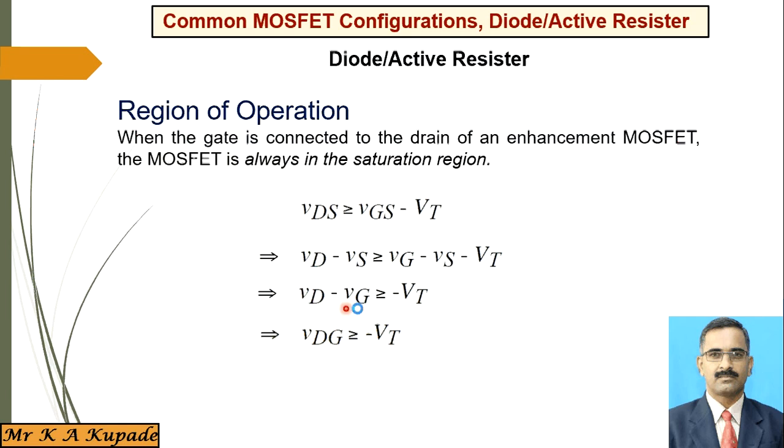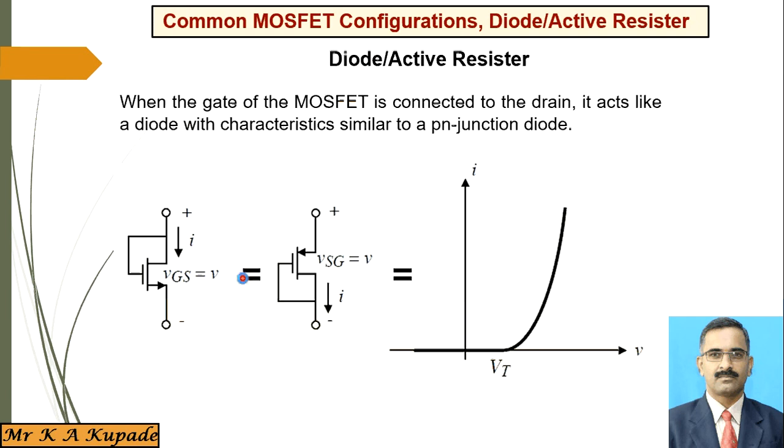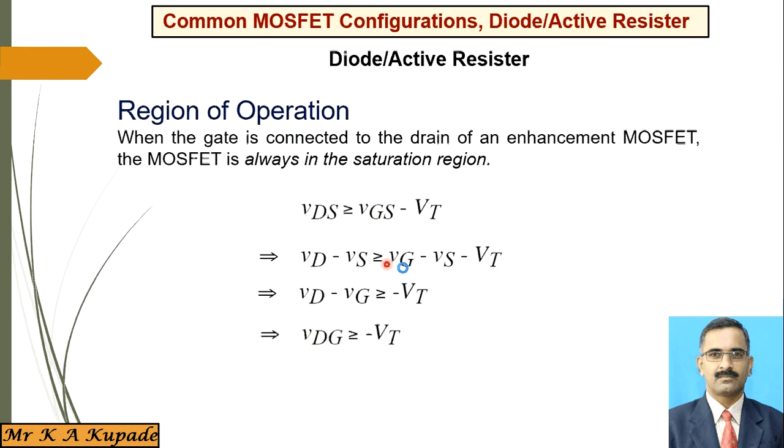So VD minus VG is greater than minus the threshold voltage, and that's why the gate to drain voltage is far greater than minus the threshold voltage. Why? Because you are directly connecting this. Getting my point here? So VDG, the gate to drain voltage, is greater than or equal to minus VT, the threshold voltage.